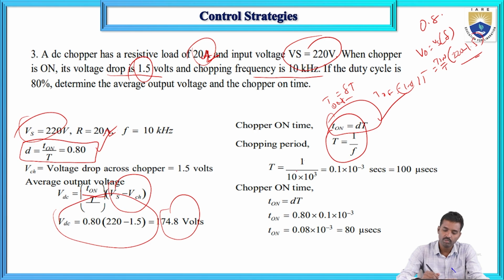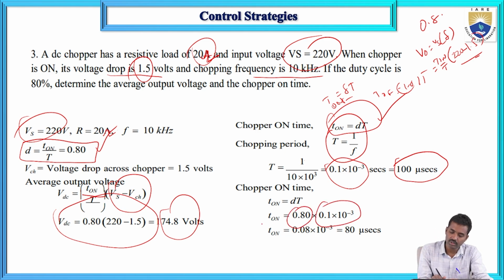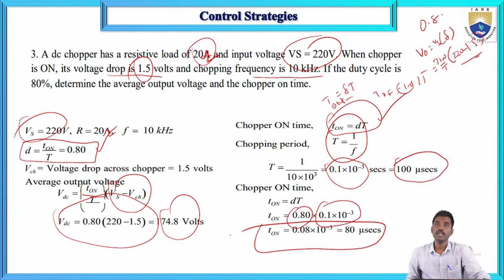T equals 1 by 10 into 10 power 3, that equals 0.1 into 10 power minus 3, which means 100 microseconds. With this duty ratio, T on equals 80 microseconds. What about T off? T off equals 20 microseconds. 80 plus 20 means 100, the chopping time period.